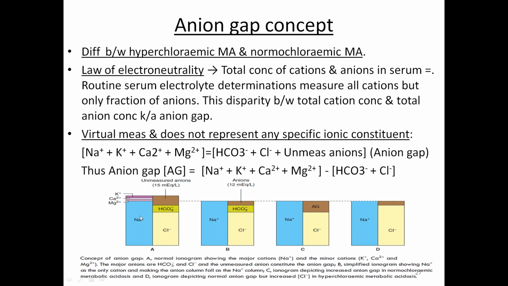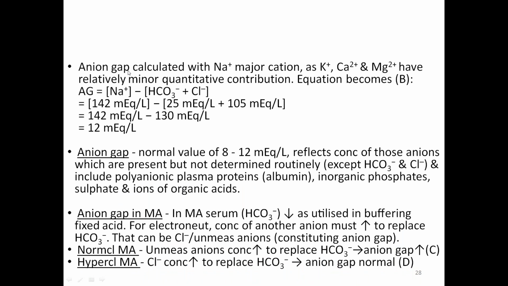Have a look here. This compartment shows all the cations, and this shows your bicarb, chloride and unmeasured anions. Anion gap is calculated with sodium being the major cation, but potassium, calcium and magnesium have a very small contribution. So this equation effectively becomes anion gap equals sodium minus bicarb plus chloride.